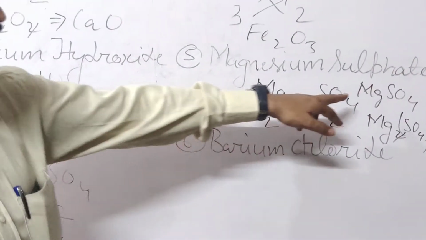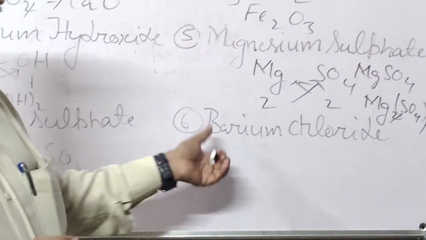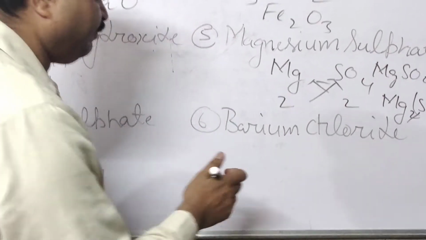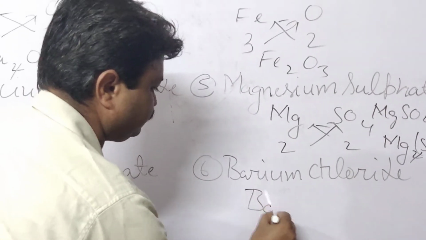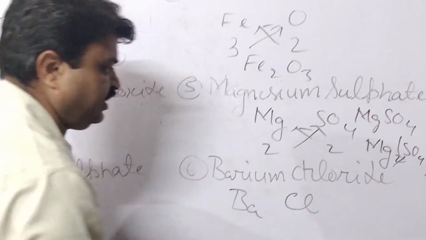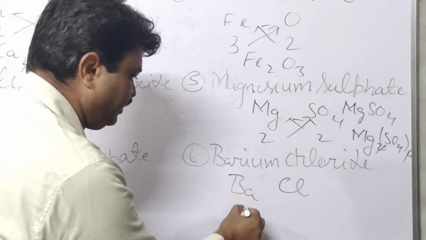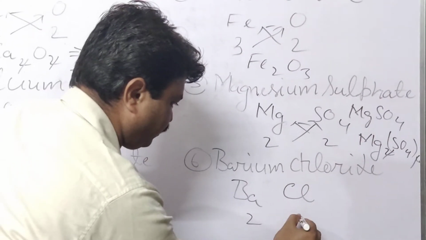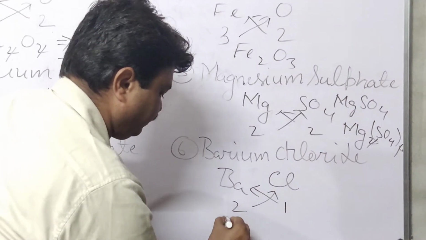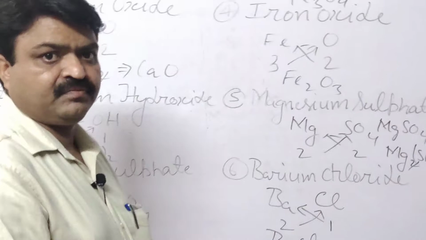So you will learn it, magnesium sulfate. Now we come to barium chloride, student. The barium symbol is Ba, the chloride symbol is Cl. Now we will write the valency. Barium valency is 2 and chlorine's valency is 1. Now we interchange it, and the formula that we will get here is BaCl2.